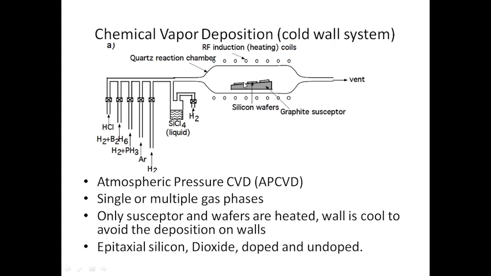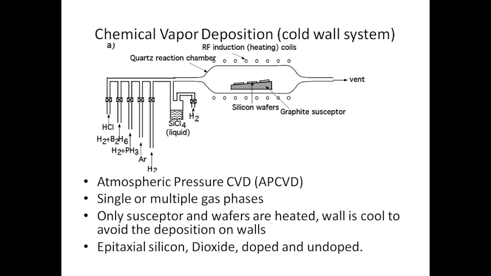What is usually deposited using this type of cold wall system is epitaxial silicon, or silicon dioxide. It can be doped or undoped. Whatever doping concentration you want, that will also be passed through these gases available here. So using these gaseous forms, you can deposit the desired thin film on this silicon wafer.